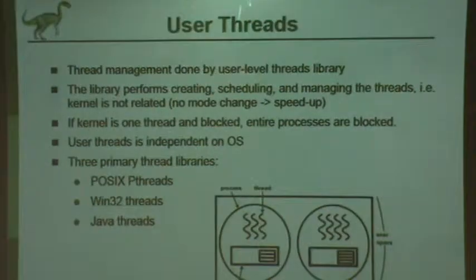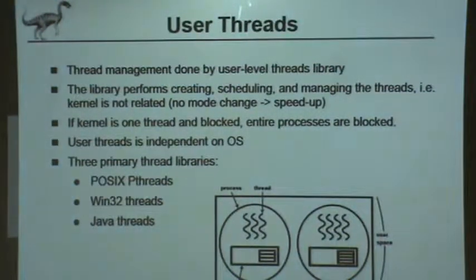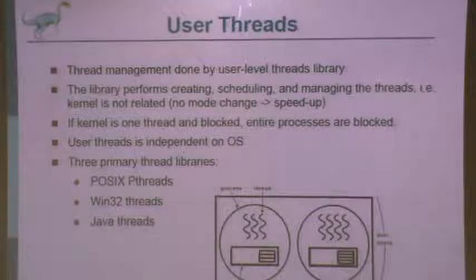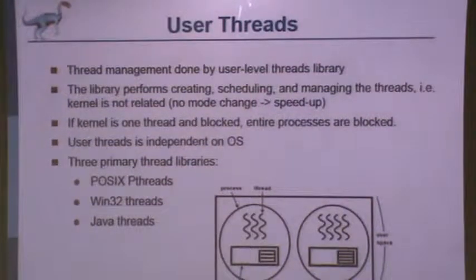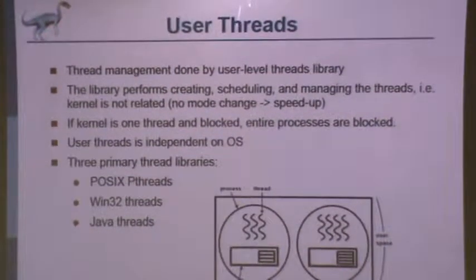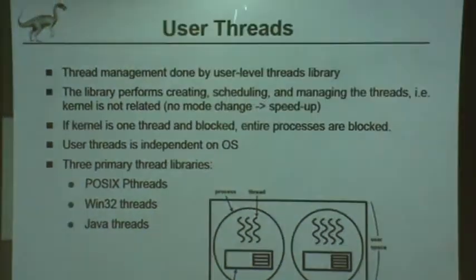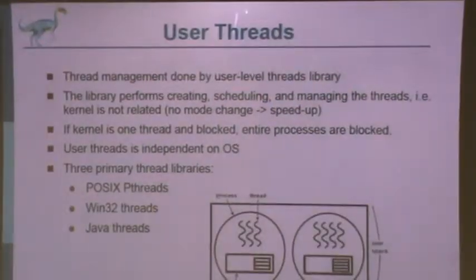If this kernel thread is blocked, all the user threads will be blocked, so this process is blocked. And the user threads are independent of the OS and are managed by the user thread library. There are three primary thread libraries: Windows, Java, and Pthreads. We will talk about the details of Pthreads.